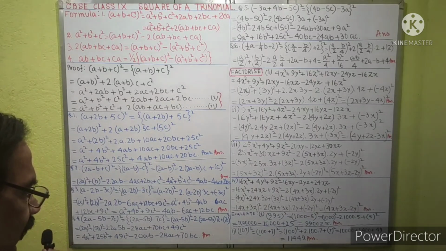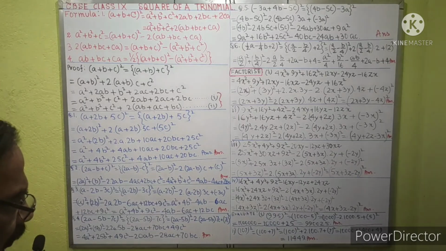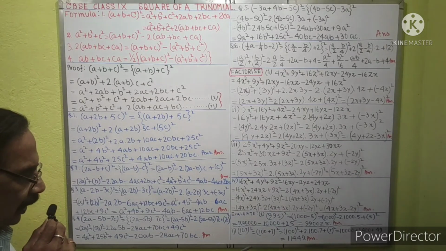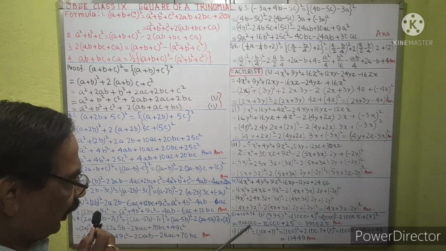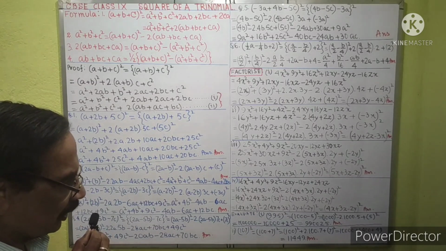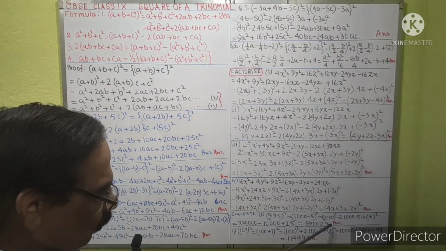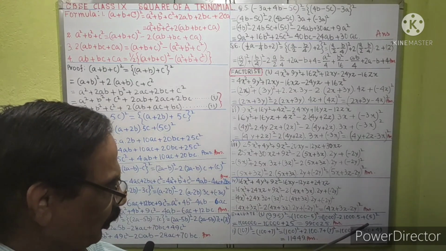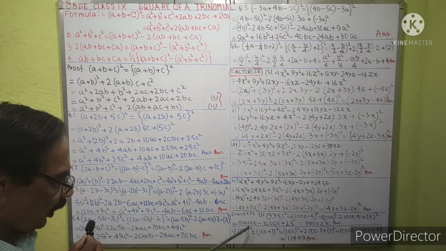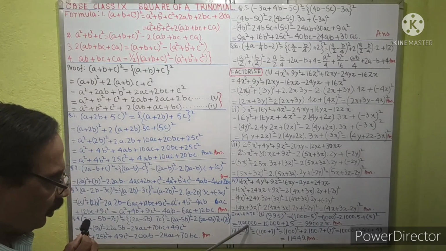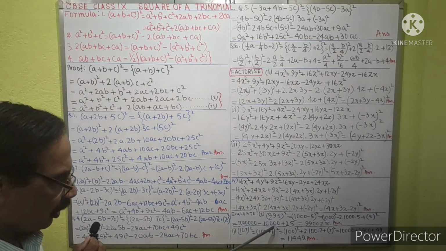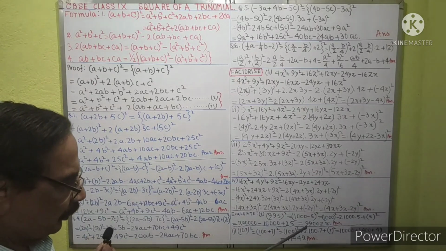Next, evaluate means find the value of 995 whole square. You can break it down as (1000 minus 5) whole square, so (a minus b) whole square, a square minus 2ab plus b square. This a square means this one, ab means it is 10,000 and 25.